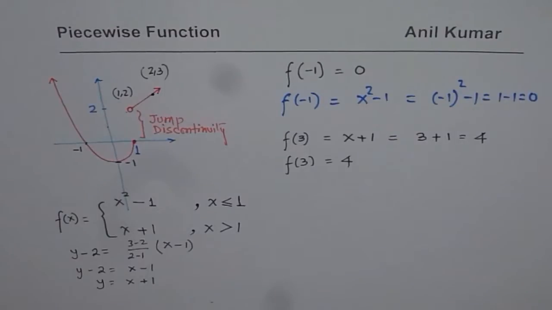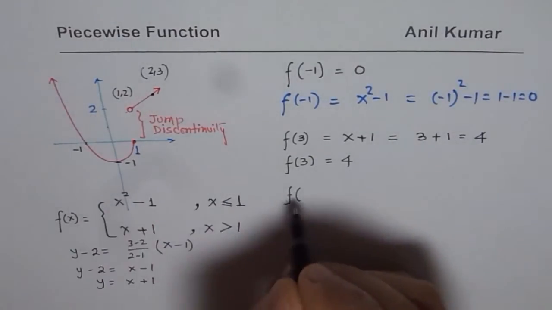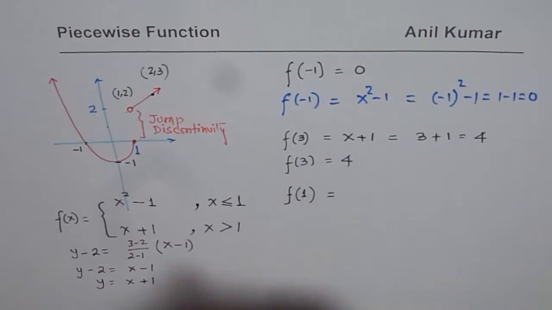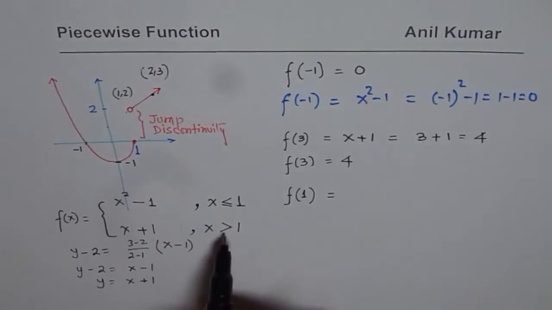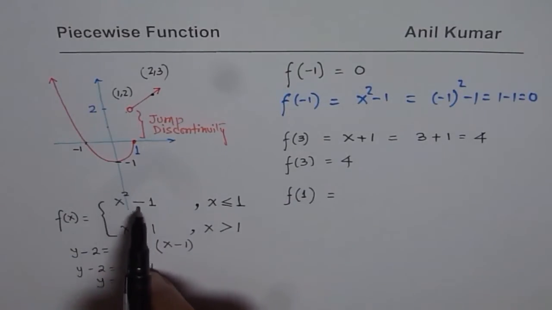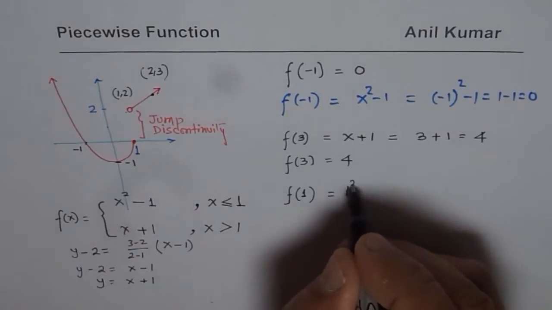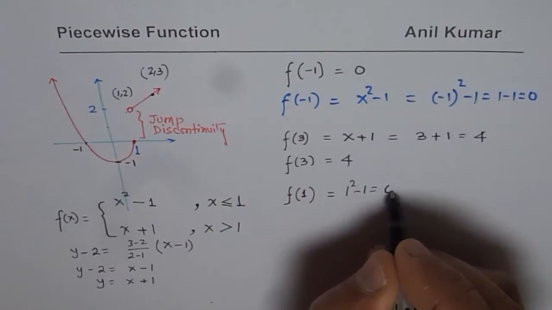Now here is a question for you. What is the value of the function at 1? At 1, you can see from the graph, when x is less than equal to 1, we have to follow x squared minus 1, right? So let me substitute here. We get 1 squared minus 1, which is indeed 0.